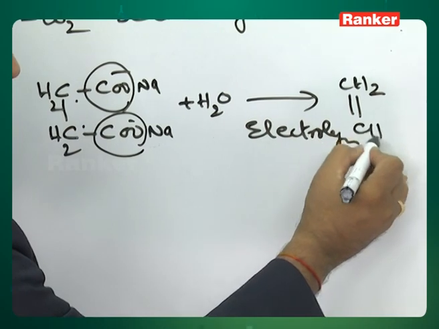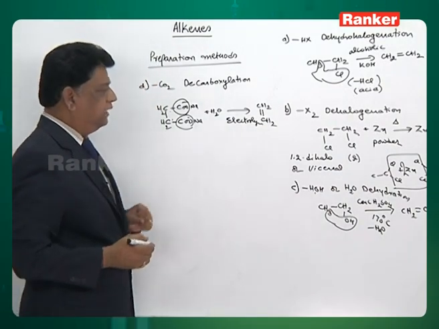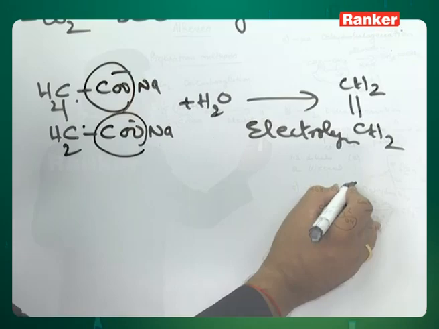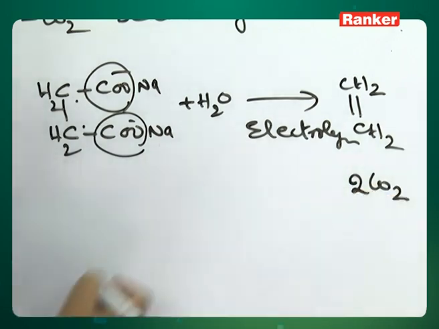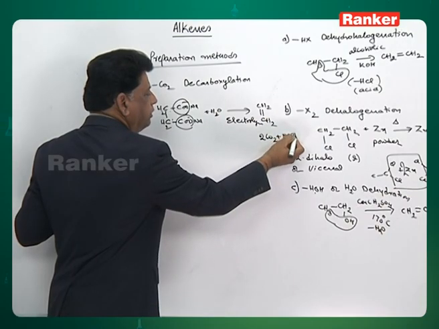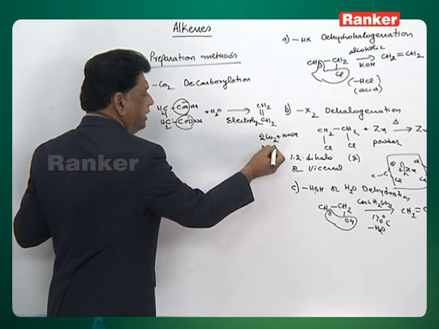A double bond is formed. Kolbe identified this reaction, so it is called Kolbe electrolysis. Both carbon dioxides will come out as two carbon dioxides, and the Na and OH form NaOH. From water, OH will come, and two hydrogens will be liberated as hydrogen gas.